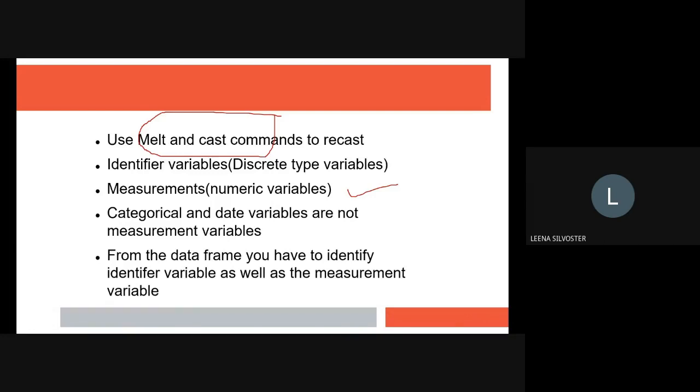Categorical and date variables are not measurement variables. Date variable means, suppose, 21/9/2020. It is not a numeric variable. There is a hyphen or slash in the variable, so it is not a measurement variable. From the data frame, you have to identify the identifier variable as well as the measurement variable.